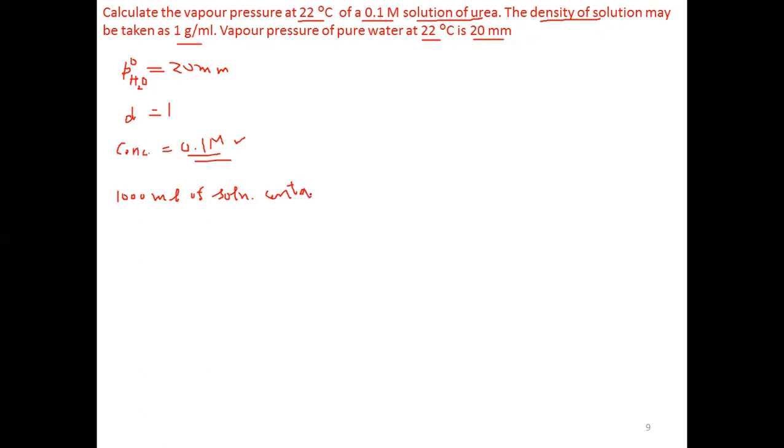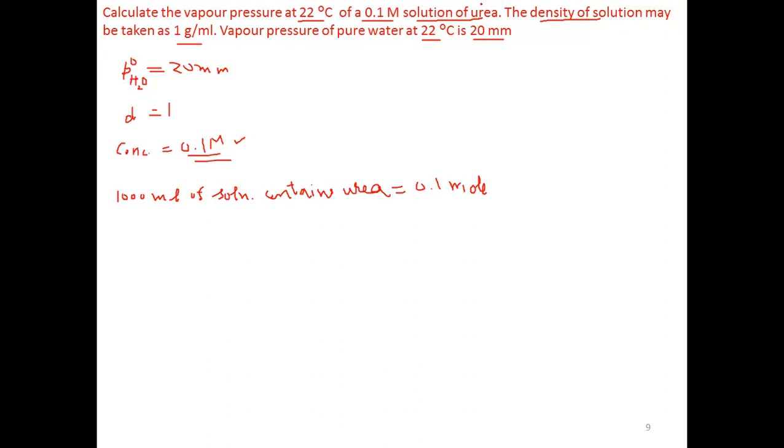Now we have to calculate the vapor pressure of the solution, which is the vapor pressure of water in solution plus the vapor pressure of urea.